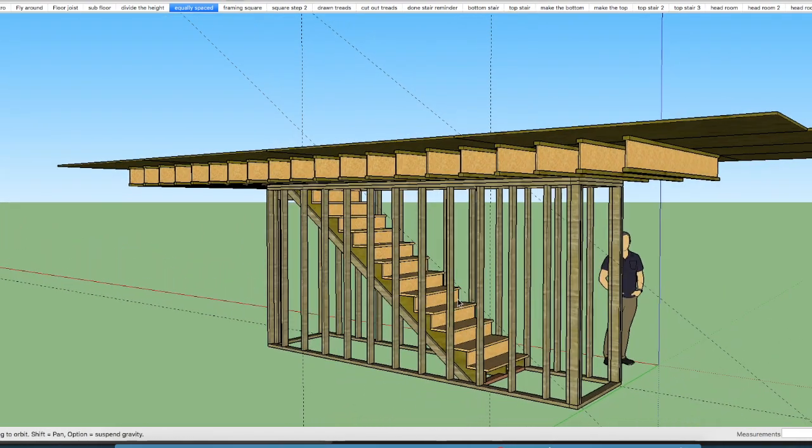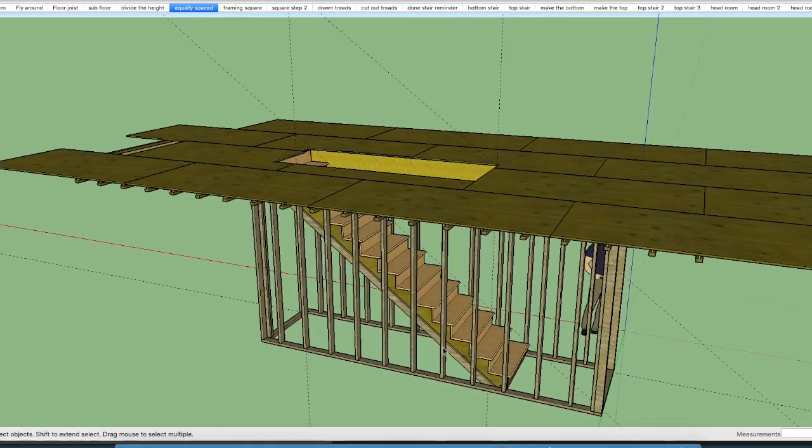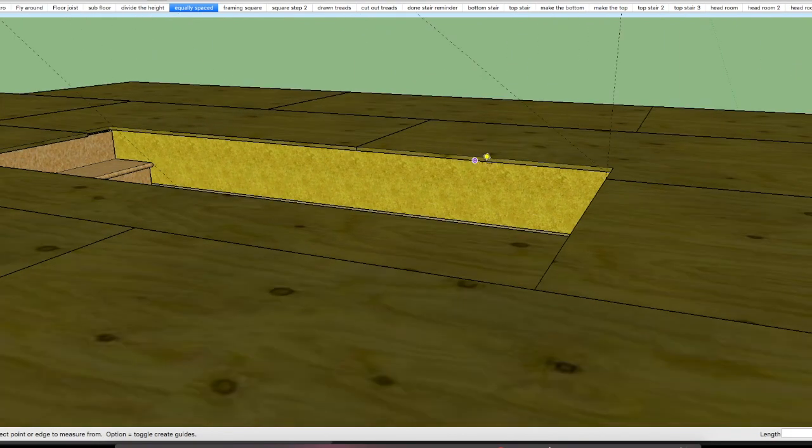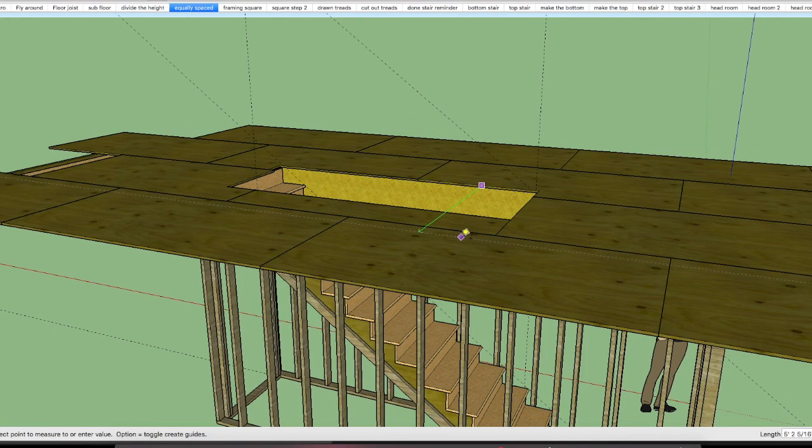For simplicity, we're going to assume that all of the floor finishes are the same. Let's say that there's going to be carpet at the top of the stairs and carpet at the bottom of the stairs. The math gets a little more complicated if you have different floor finishes, but we'll just keep it at carpet at the top and carpet at the bottom.